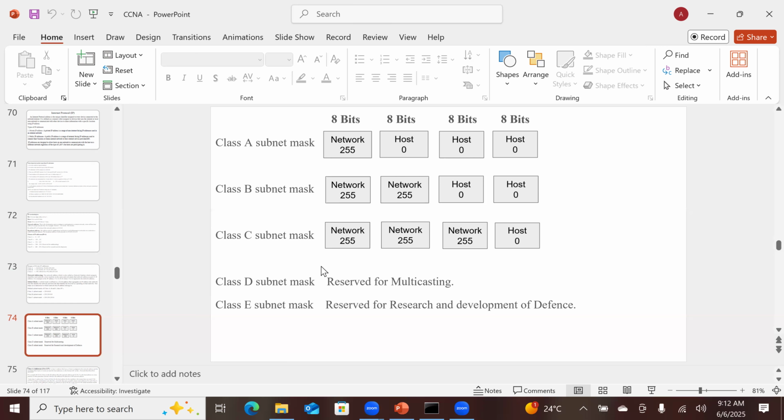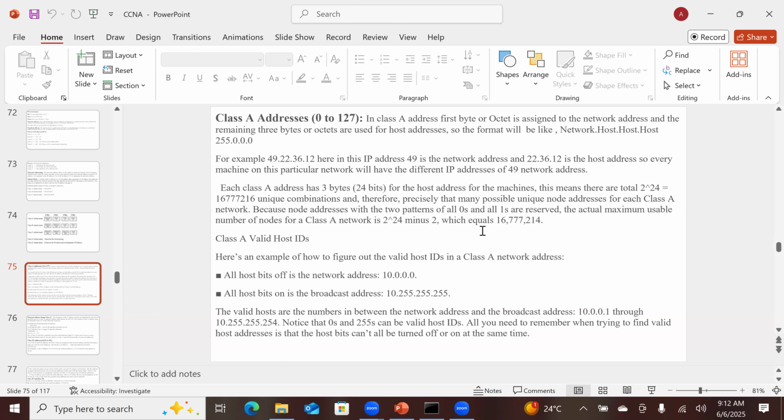Next, we'll jump into the classes. First one is a class A address, that is 0 to 127. You already know that. In a class A address, the first octet or byte is assigned to the network address, and the remaining 3 bytes or octets are used for host addresses.